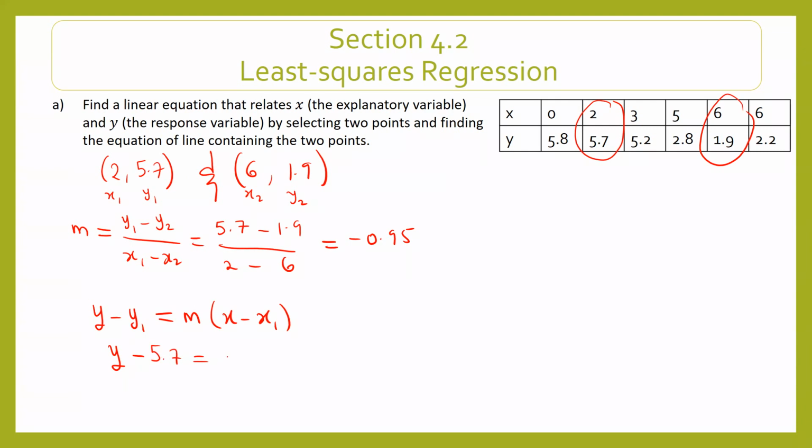Here, the slope, we got that to be minus 0.95. And x1 is 2. Now, if you move things around, you have y minus 5.7 equals minus 0.95x plus 1.9.